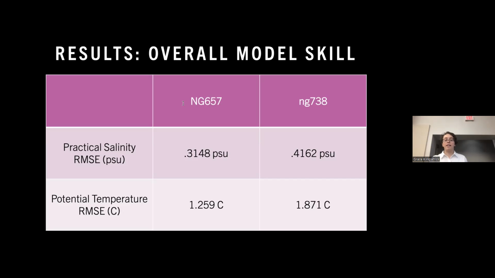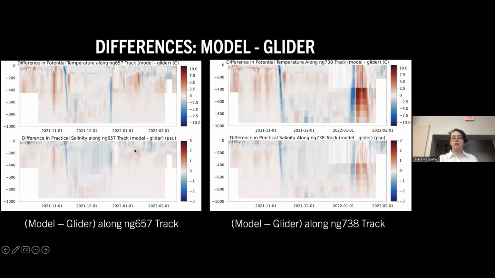To understand why, it helps to consider this series of transects, which represents just the raw difference in value between the model and the averaged binned glider data along each glider's trajectory. So you can see that for NG657, with some small exceptions, the difference graph reflects the visual similarity of the original transects. It certainly isn't perfect, but it's relatively consistent with the low level of quantitative error.